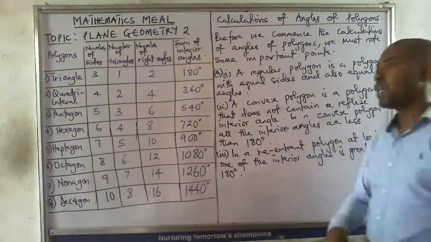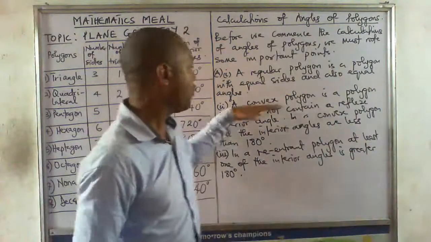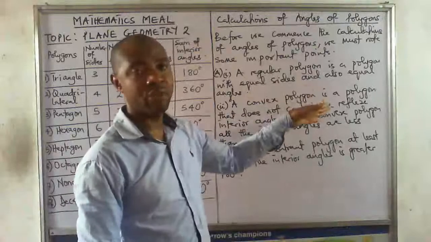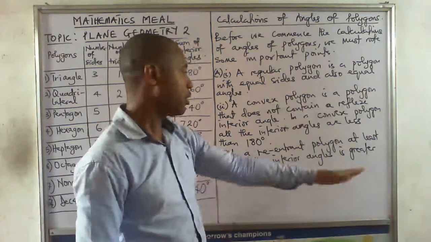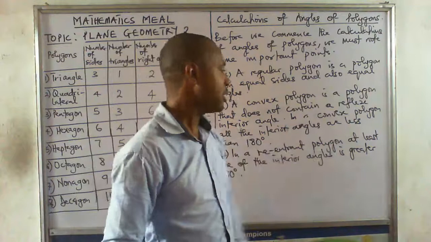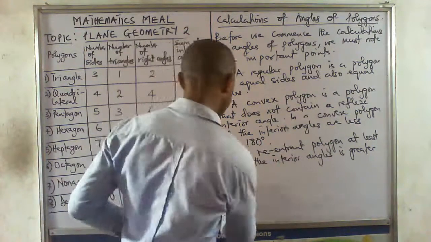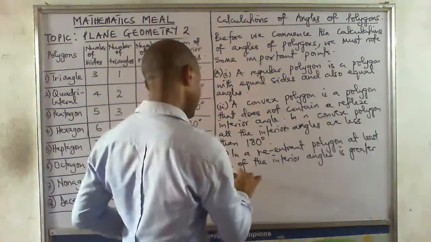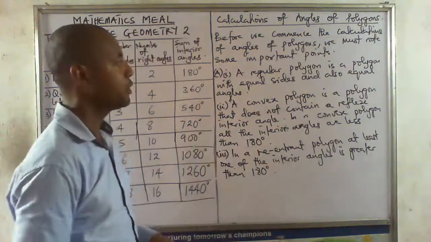One of the angles will be greater than what? 180. So in a convex polygon, there is no reflex angle as an interior angle. But in a reentrant polygon, at least one of the interior angles is greater than 180 degrees.